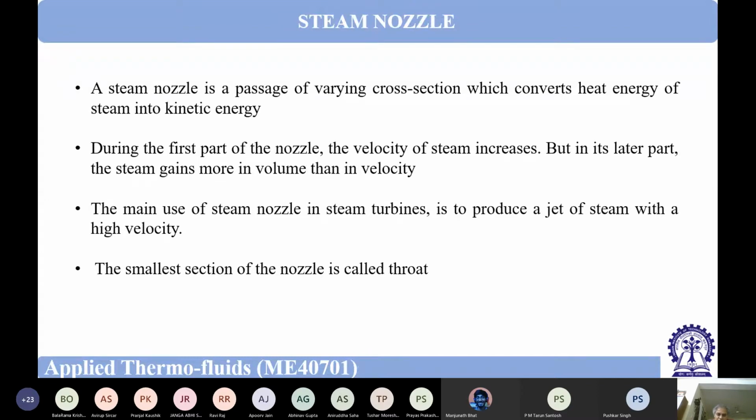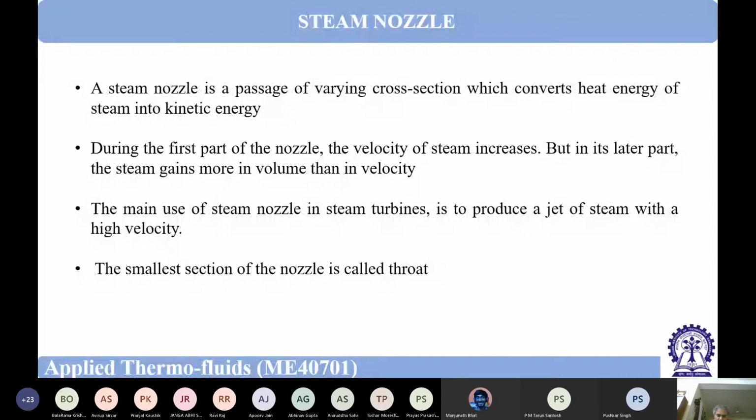So what we are getting from this discussion is that if we have to increase the velocity of the fluid, we have to use some sort of stationary device. Stationary device means as a whole the device can move, but the device has no moving part.